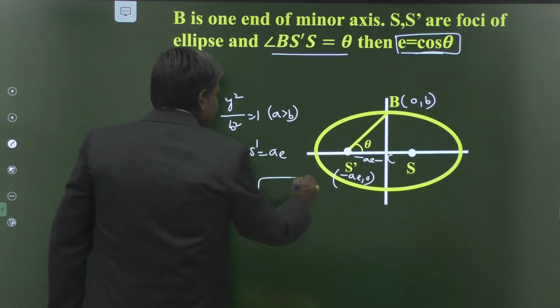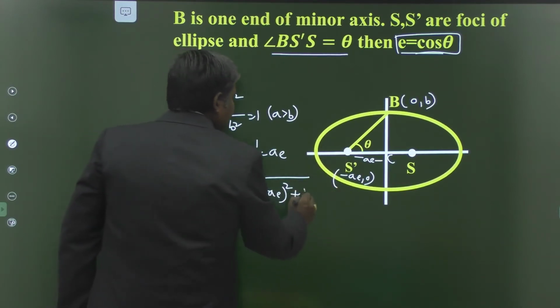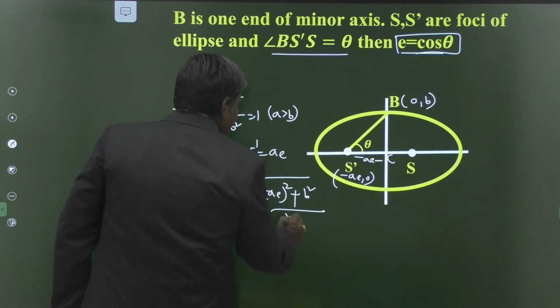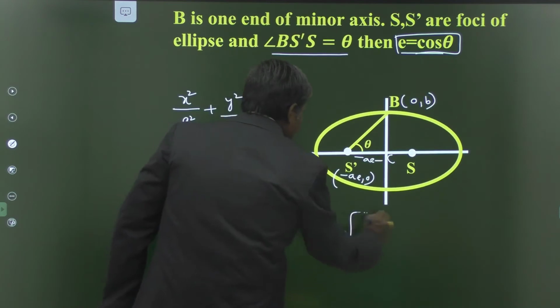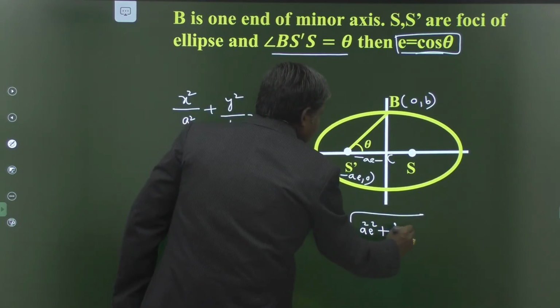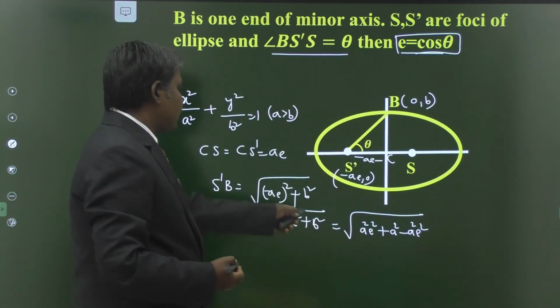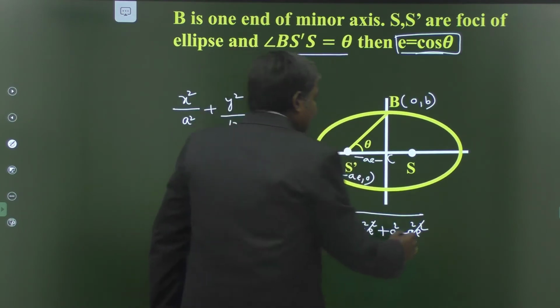This is nothing but the square root of (AE minus 0) whole square plus (0 minus B) whole square. That is root of A square E square plus B square. But what is your B square? B square is A square into 1 minus E square, that is A square minus A square E square. So A square E square and A square E square get cancelled.